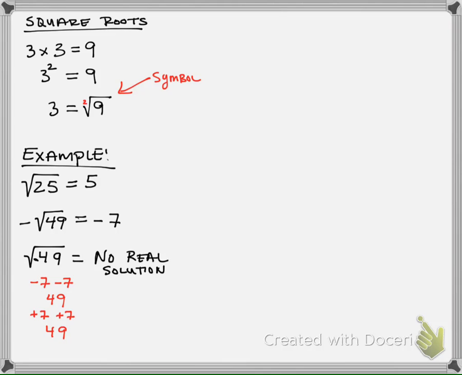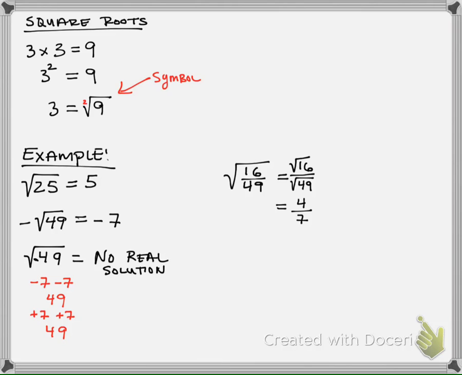What about the square root of 16 over 49? In this case, what we're going to do is take the square root of the top and the square root of the bottom. In doing that, we'll end up getting the square root of 16 is 4. The square root of 49 is 7.